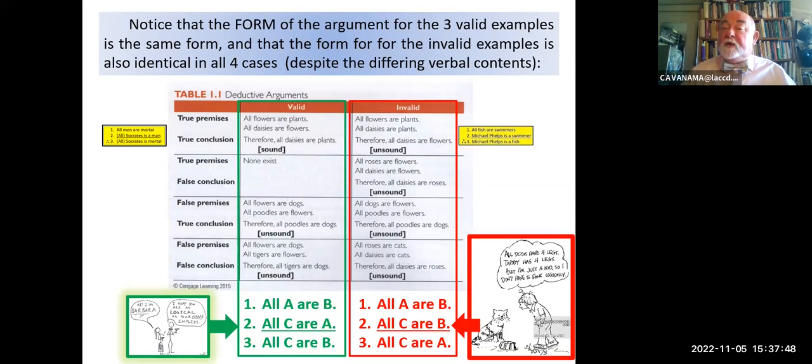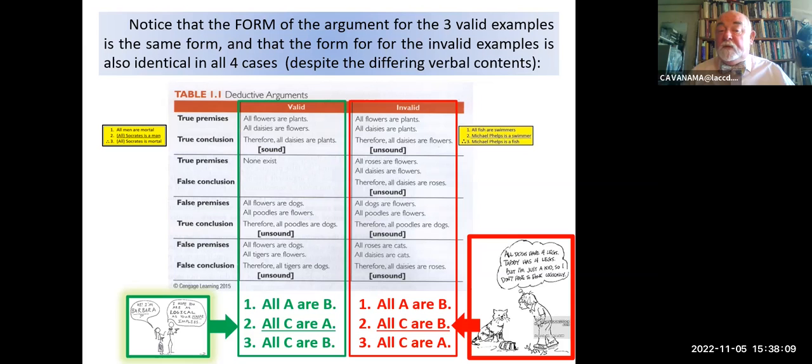Notice that the form of the argument for the 3 valid examples is the same form, and the form for the invalid examples is also identical in all 4 cases. We've got the all men are mortal Socrates, kind of the Barbara one that we recognize for the valid, and the Michael Phelps fish swimmer thing for the invalid.